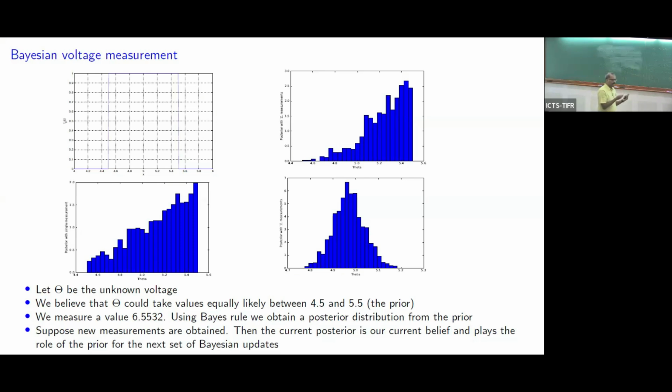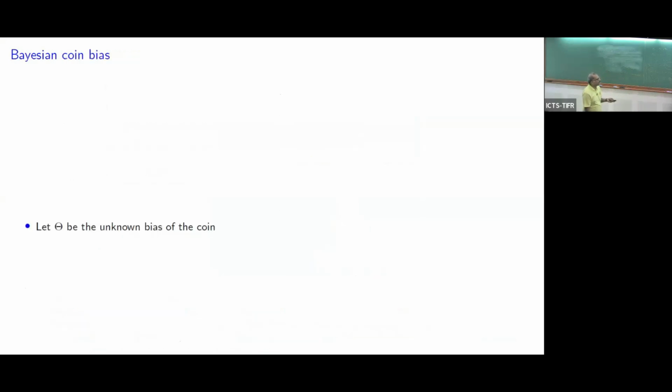Because I have already seen that data and revised my belief to this new distribution. So when I do one more step of Bayesian update, I start with my posterior itself as my prior, and then I do my update. That is very natural in this Bayesian inference procedure: when data is coming in sequentially, you do the Bayesian update step with the prior as the previous posterior. So that's what you can do here.